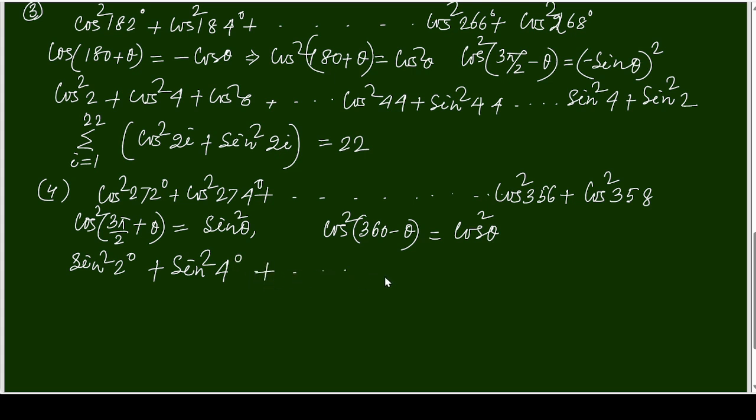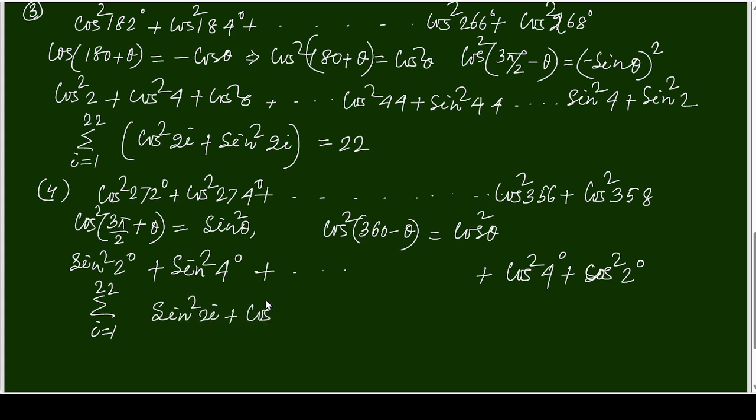In between sin square 44 and cos square 44 will be there, and the last term will be cos square 4 plus sin square 4, cos square 2. So again summation i equals 1 to 22, it is sin square 2i plus cos square 2i equal to 22.